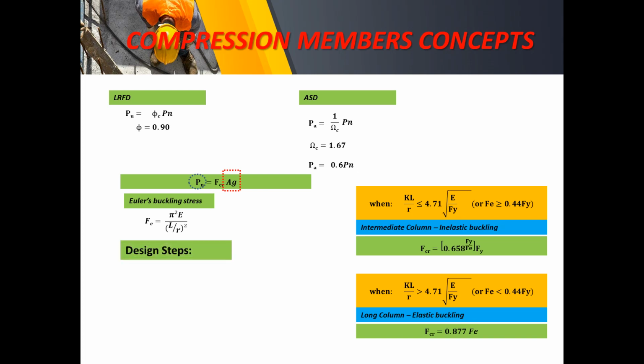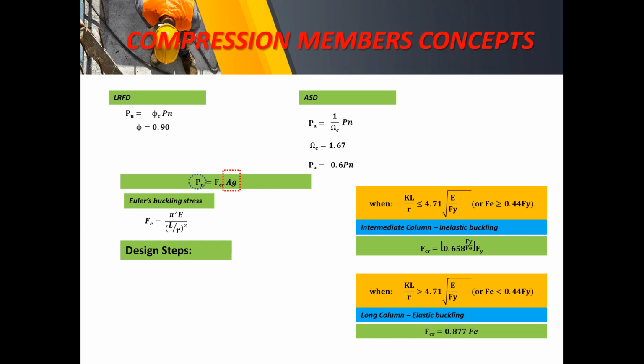As for the design steps, instead of a back calculation using these provisions, the procedure may be tedious because initially we need to compare the slenderness ratio with Cc and determine whether it is an intermediate or long column, so that we can use the appropriate expression in calculating Fcr.